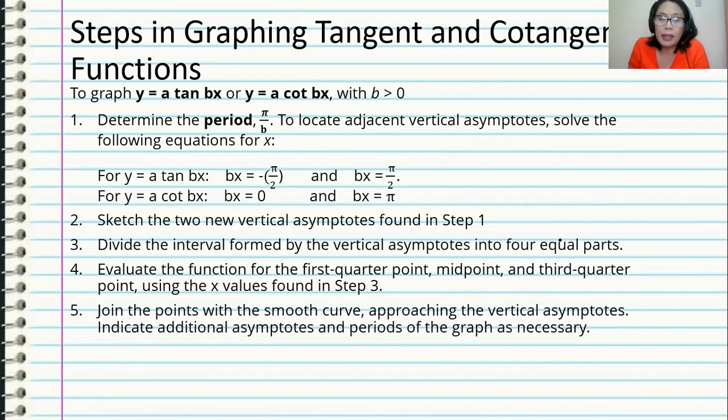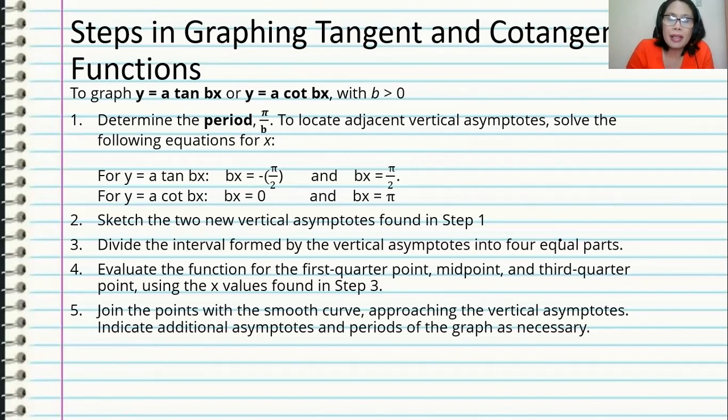Same with what we did as we sketched the graph of sine and cosine functions. If you remember, the period for sine and cosine functions is 2 pi, and for us to identify some values of x, we divided 1 period, which is 2 pi, by 4 equal parts. That's why we arrive at pi over 2.